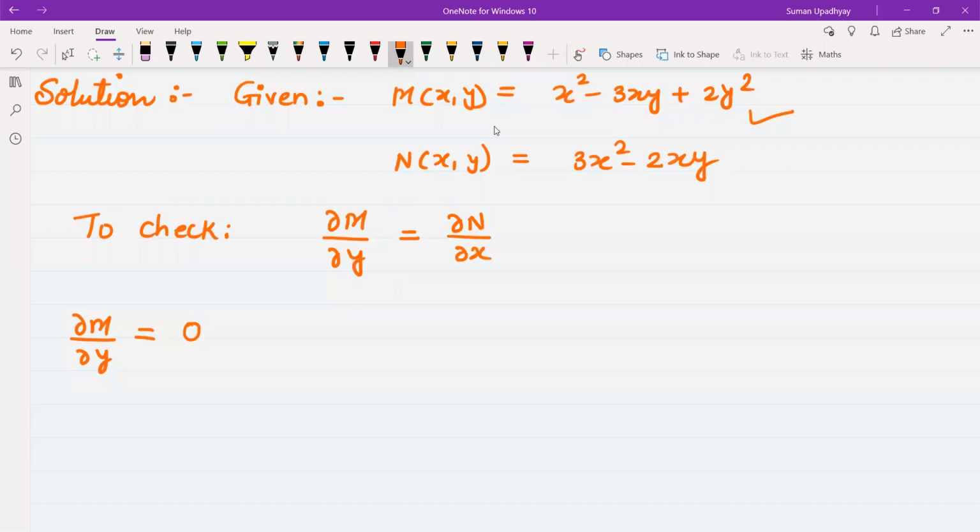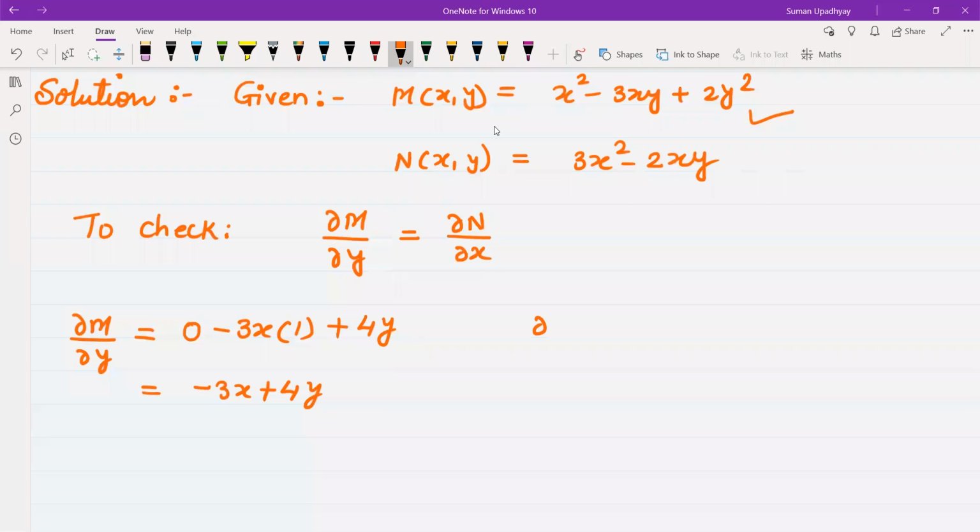Now in minus 3xy, the constant is 3x, and the derivative of y with respect to y is 1. Then 2y squared: its derivative is 4y. So finally I got minus 3x plus 4y. This is what I got for differentiating M partially with respect to y.